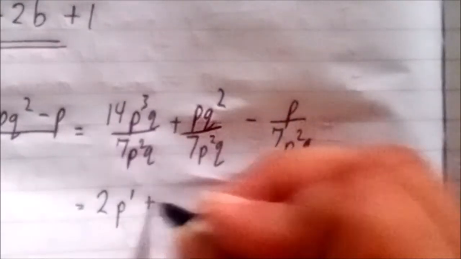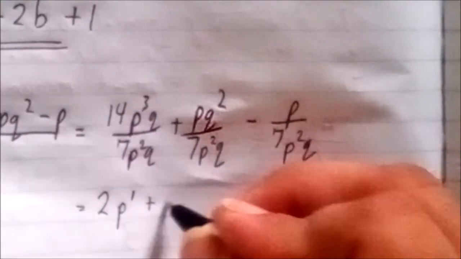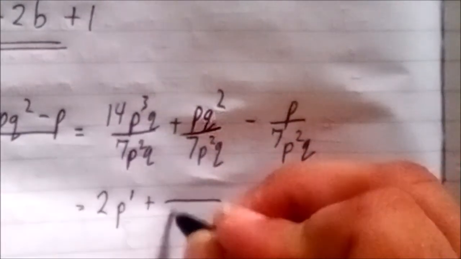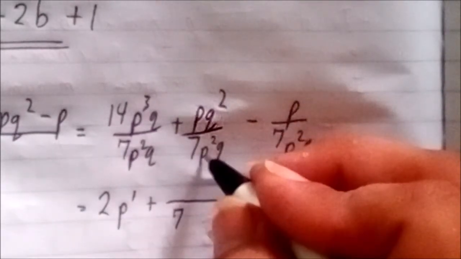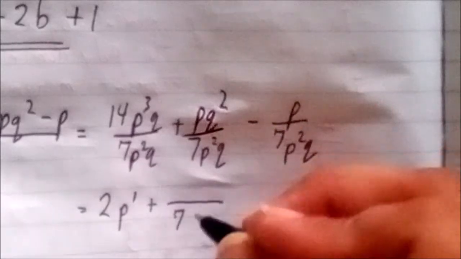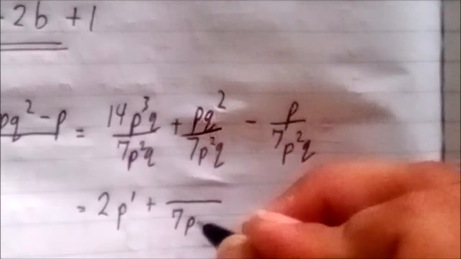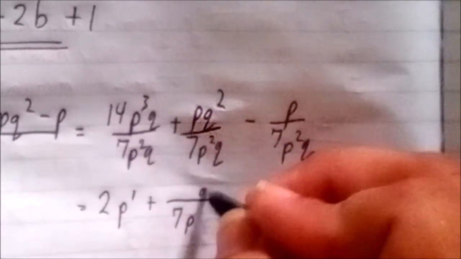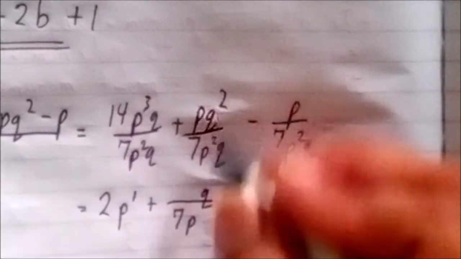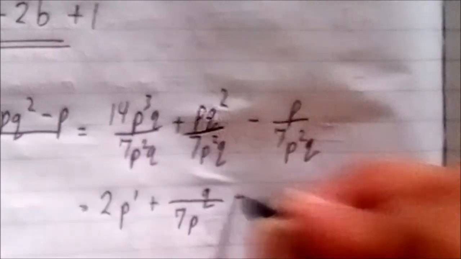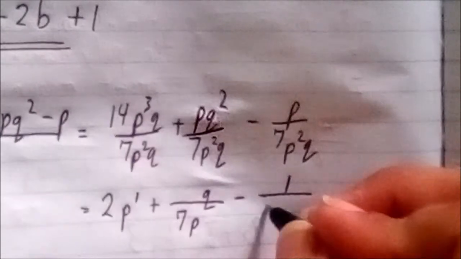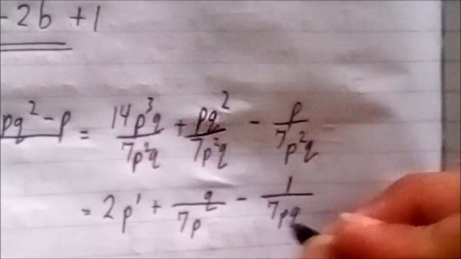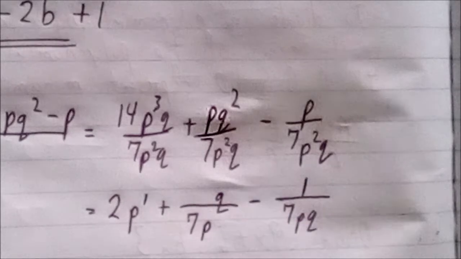Then we get plus, well, the 7 cannot be divided into anything, so the 7 stays underneath. The p's would cancel out, that would give me still a p at the bottom and a q at the top, because the q would cancel one of the q's up there. And then minus, well, the p would cancel out here, so we're left with 1 at the top, 7pq, and that's our solution for that one there.